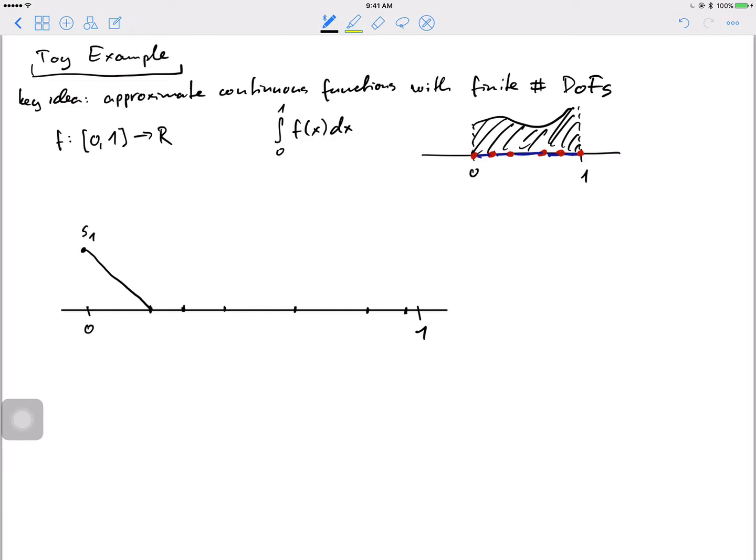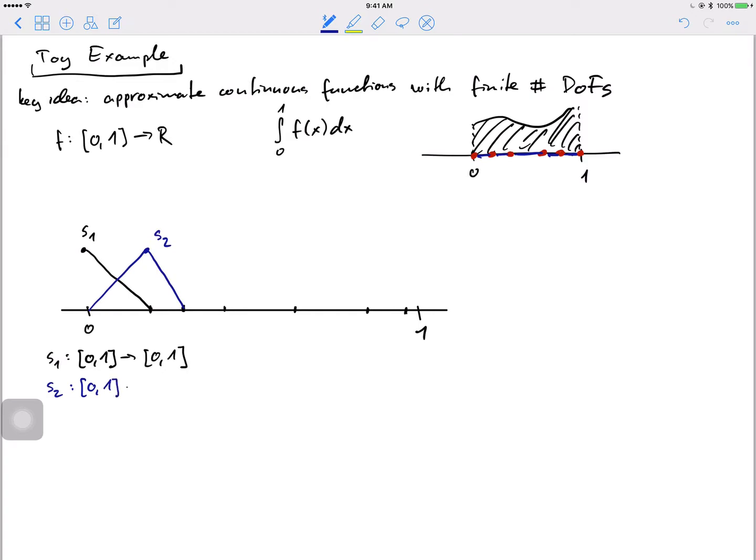So the first shape function is going to be function S1. S1 is a function from the same interval to also just 0 and 1, okay? Then for the second node, I'll draw it in blue, I'll have another shape function called S2. That is S2, and S2 says the same thing, okay?